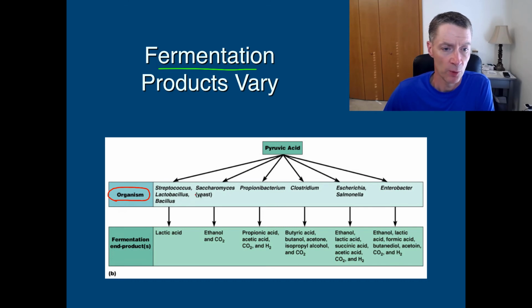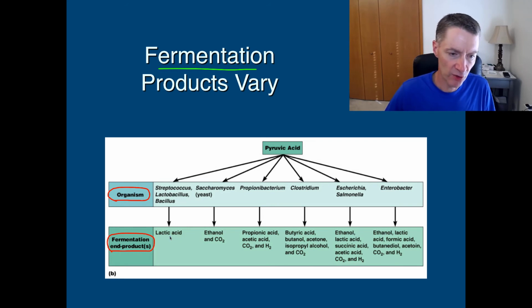Okay, we see a whole list of different ones here. What I want you to notice are the commonalities. What's common when it comes to the end products of these fermentation processes. Okay, so the first thing I see is acid here that happens to be lactic acid.